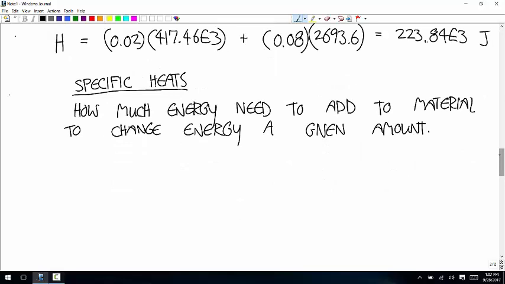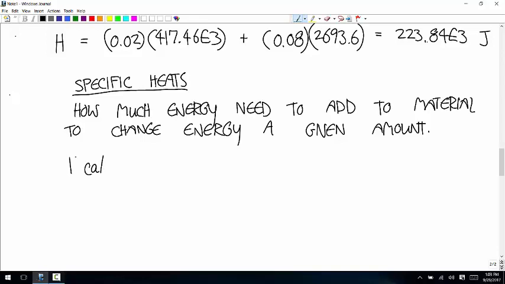For liquids, those values don't vary very much while it's in the liquid phase. So do you happen to remember roughly how much energy it takes to raise the temperature of 1 gram of water 1 degree Celsius? Yeah, right, 1 calorie, which is 4.184 joules.